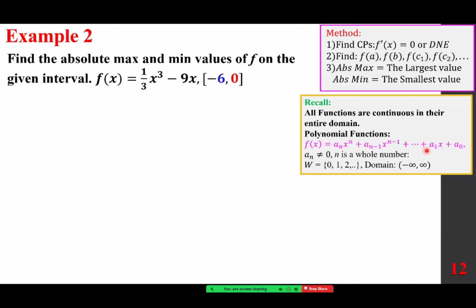Whole numbers meaning 0, 1, 2 to infinity. The domain for any polynomial is all real numbers, from negative to positive infinity. So that's just to remind you of what we learned in algebra.